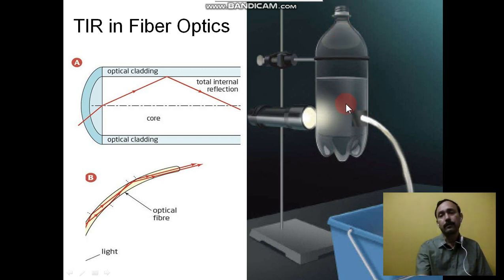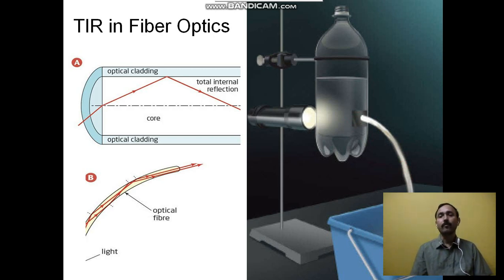Now water is falling from this small hole, and if light is given in the same straight line as the hole in the backward direction, it looks like the light is falling in the bucket.